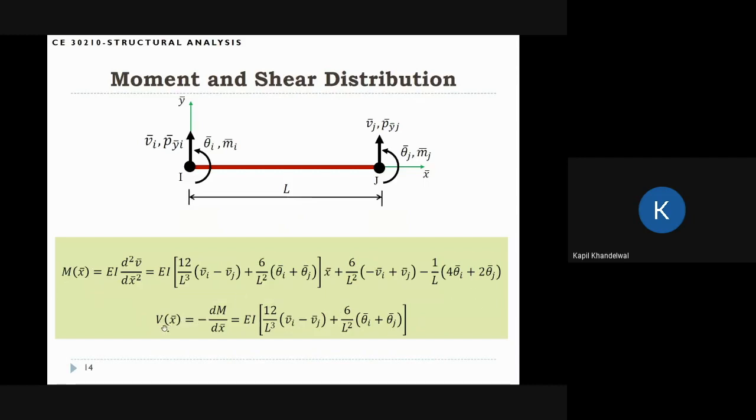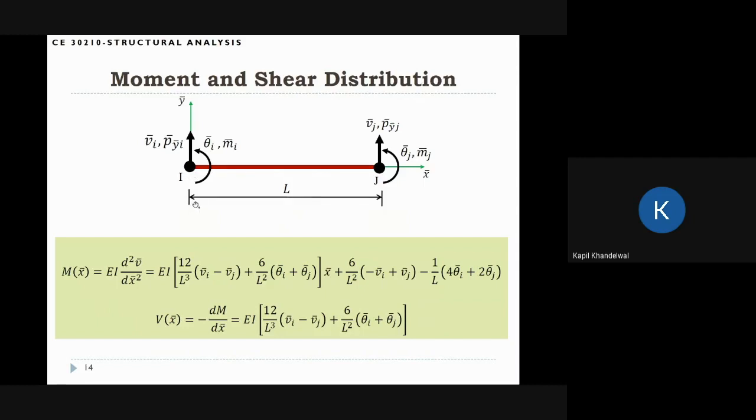The shear force is minus dM/dx, so if we take the derivative of this relationship and put a negative sign, we get this relationship. M is a function of x, and V is also a function of x, but in this case the shear is actually constant, not changing with x. But you can think of these as general functions that depend on x, where x is measured from coordinate 0 at node i.